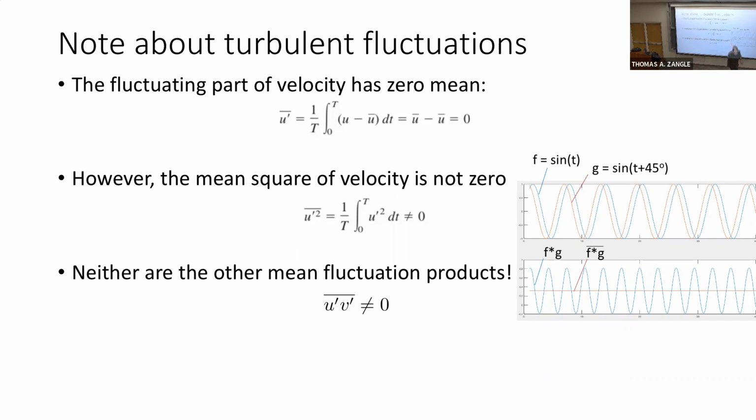Is the time average of the individual component 0 because it might oscillate around 0? Zero is the average point. So remember, we have u versus t, we have some velocity, that's our u.